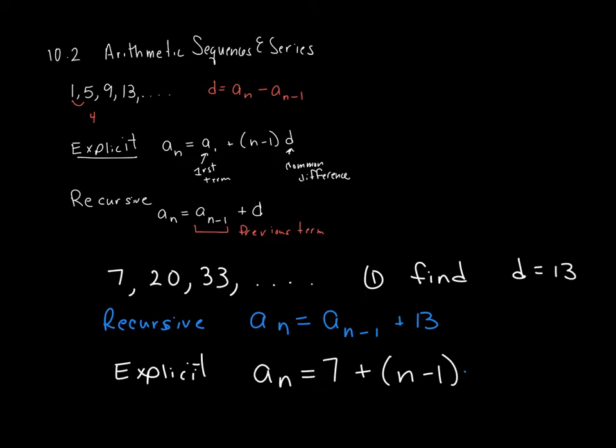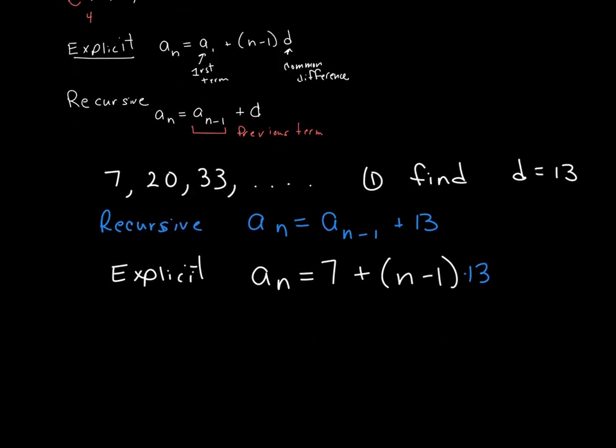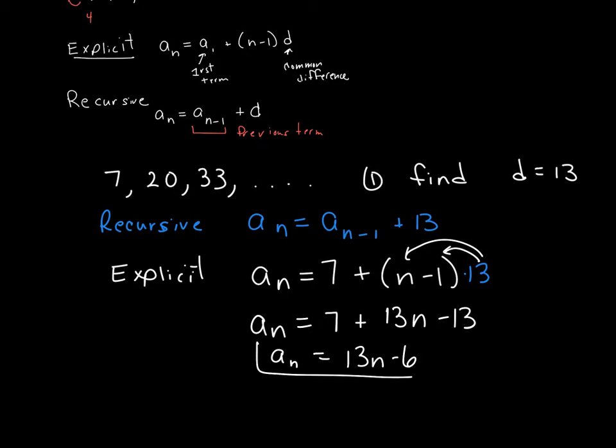So I multiply that times 13, and I do need to simplify this. Now what that leaves me is a_n is equal to 7 plus, I distribute the 13 to both pieces, 13n minus 13, and I combine the 7 and the 13 to get negative 6. So 13n minus 6 is my explicit formula for that particular sequence.